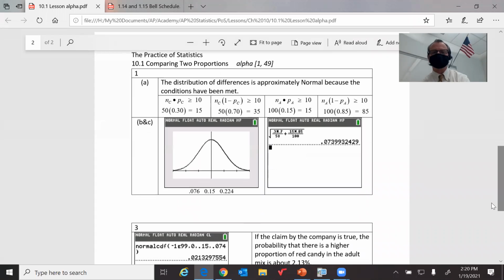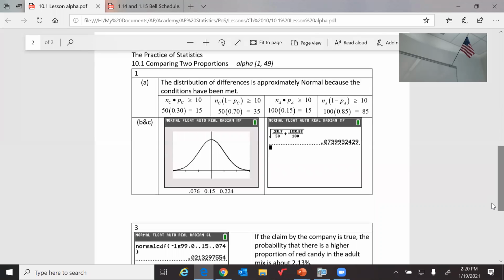Number 1, the conditions are met. All these proportions are greater than 10. 50 times 30% success, so therefore 50 times 70% has to be bigger than 10. 100 times 15%, so the other one has to be bigger. So the difference is 15%.